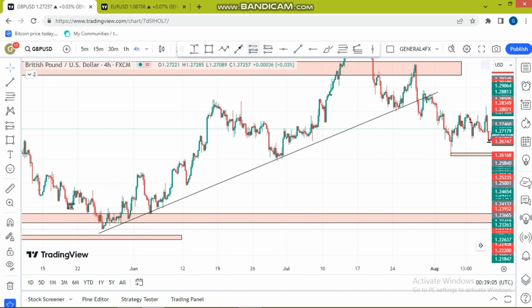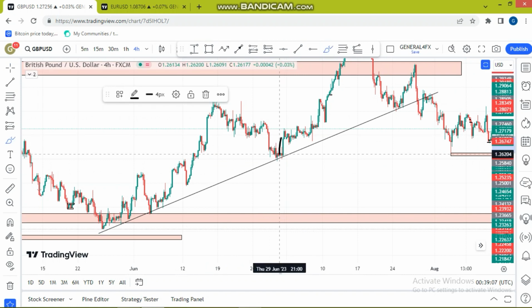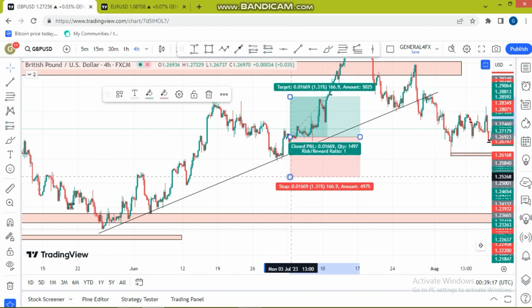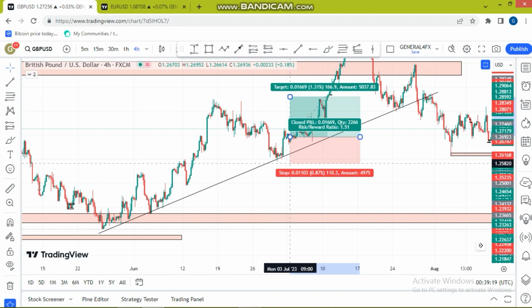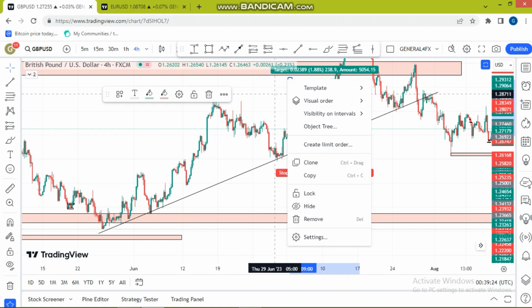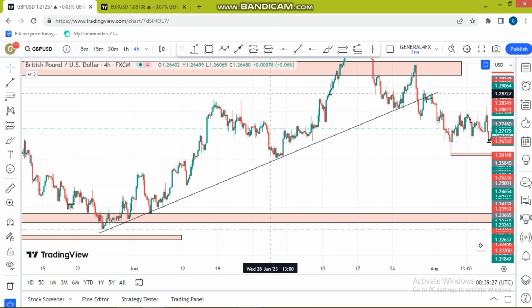I'm sure you can see the volume candle right here. Yes, that's the volume candle, and that should be your entry right there. With that entry, with your stop loss below this, you could ride it, and that's about 238 pips there on the 4-hour time frame.